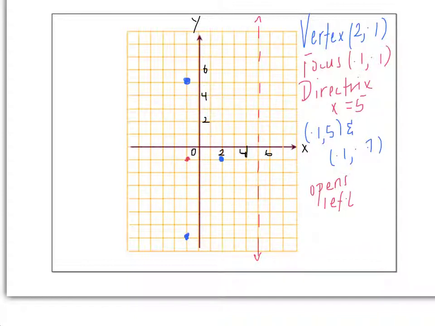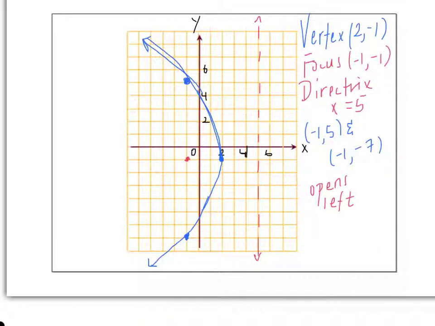And so we'll just connect these blue points with a smooth curve, as smooth as we can. Kind of like that. Mine is not so smooth, but I think you get the idea here. Clean that one up a little bit. And so our parabola will kind of look like this.